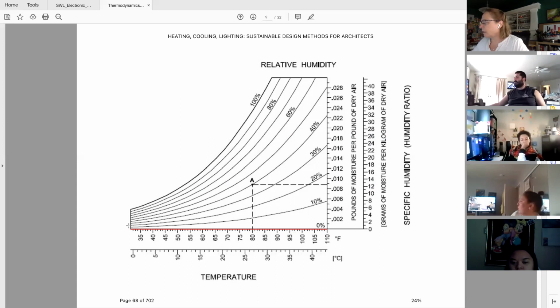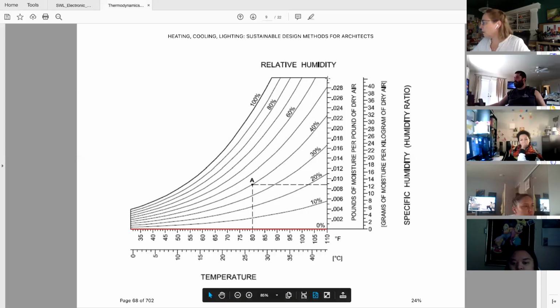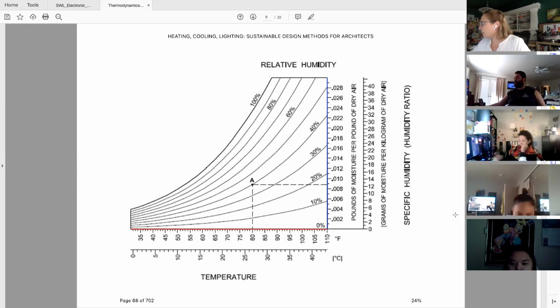So that's along the bottom axis, and going up the right-hand side is our moisture content. As you recall, moisture content can be specific humidity.